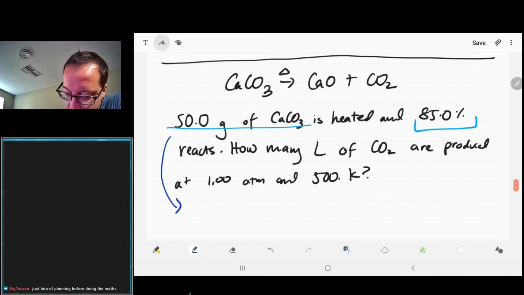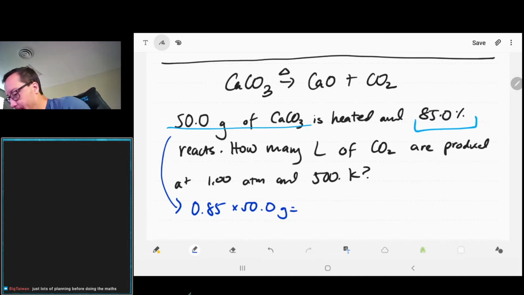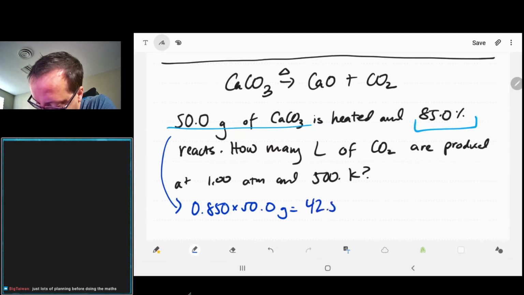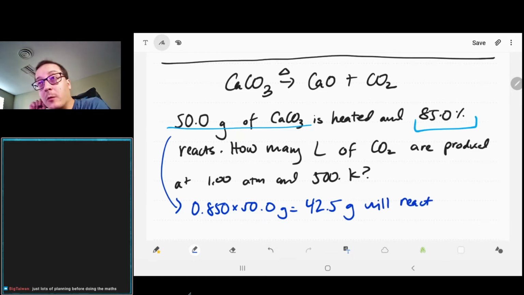So that means, let's see, 50 times 0.85. So we know that only 42.5 grams will react.